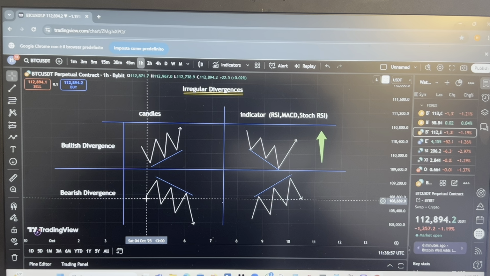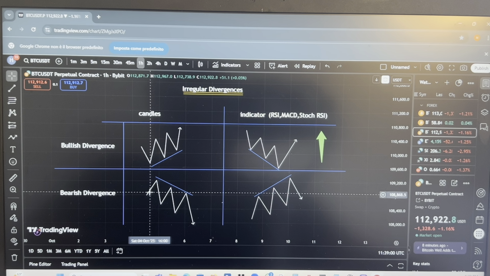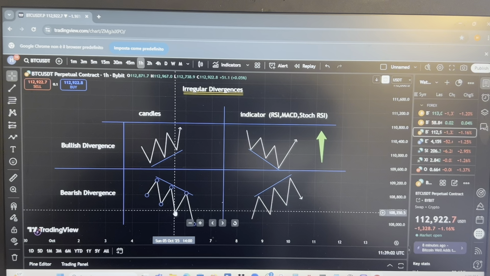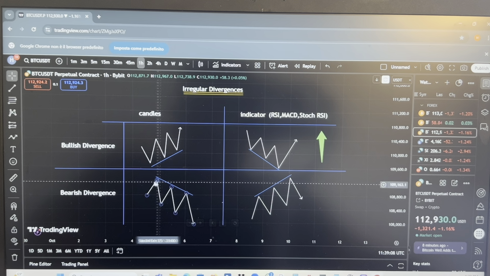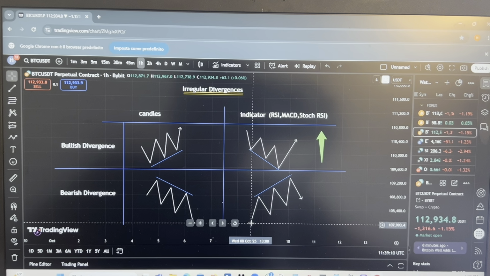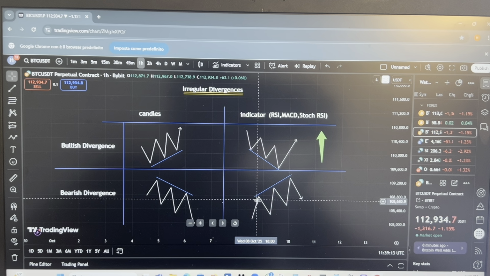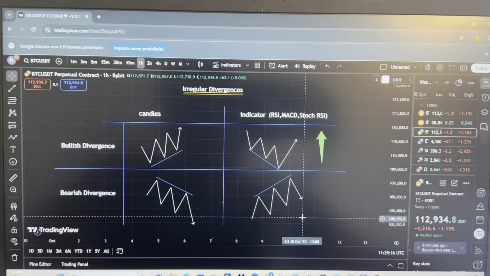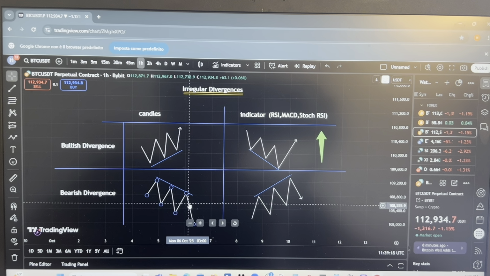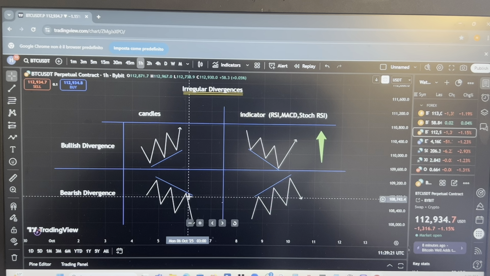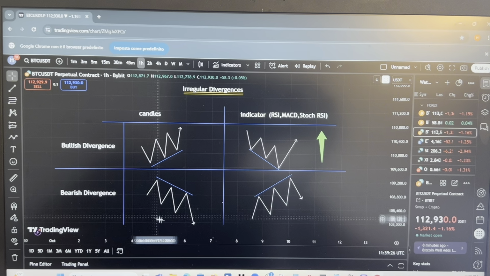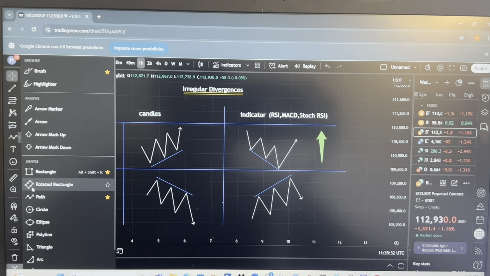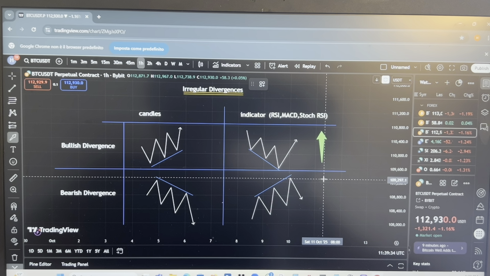So the market is in a downtrend, making lower highs. Even though the market is in a downtrend, the RSI indicator shows that the market is in fact in an uptrend. So this shows a downtrend, this shows an uptrend, and eventually the market is going to respect its own movement of being a downtrend.